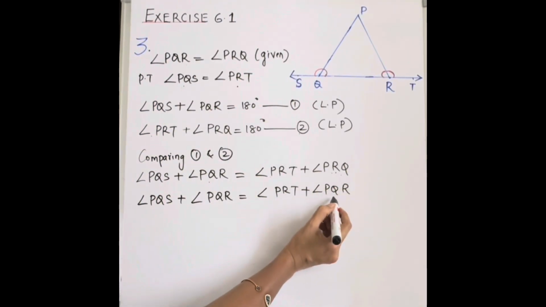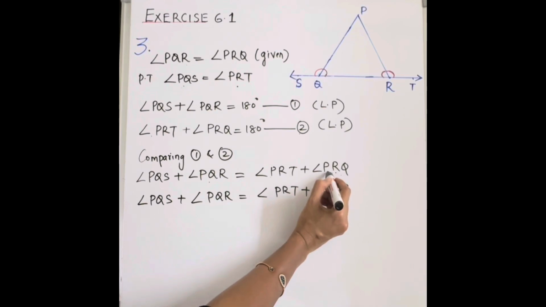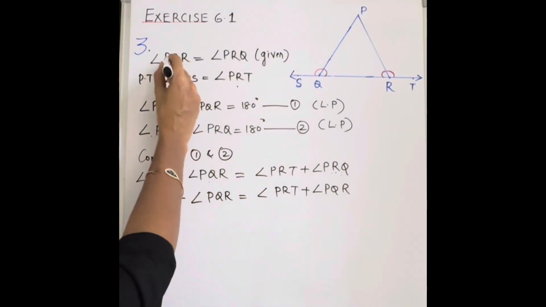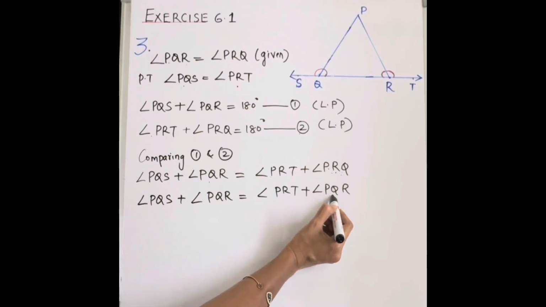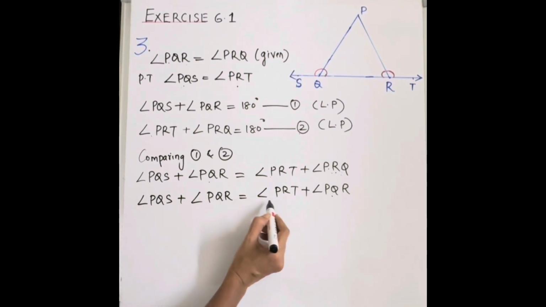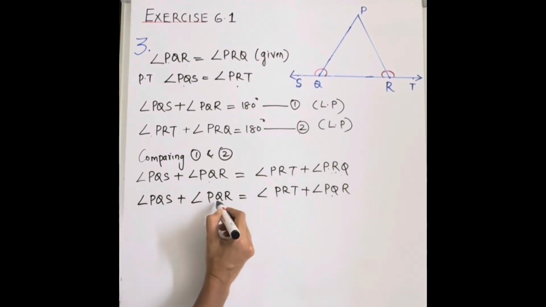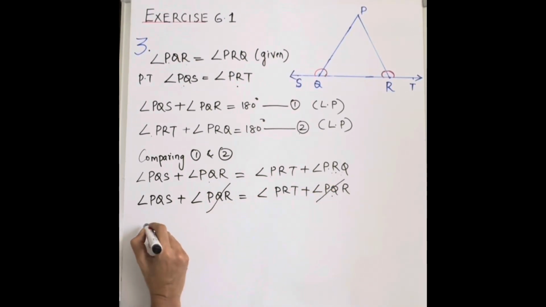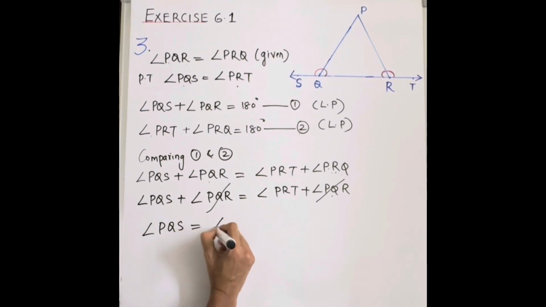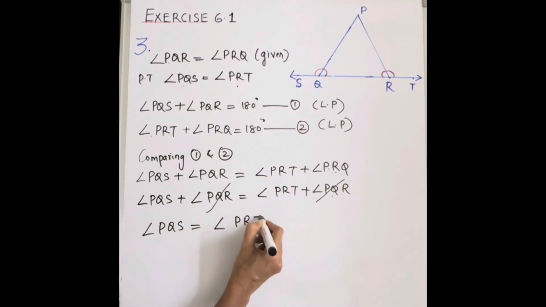Did you understand how we got this? It is given PRQ is equal to PQR. So instead of PRQ, we write PQR. So now we see these two equations, these two are equal. So we can cancel off PQR. And hence we get PQS is equal to angle PRT.